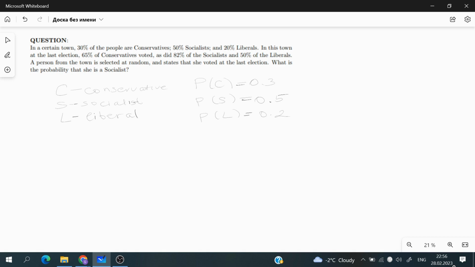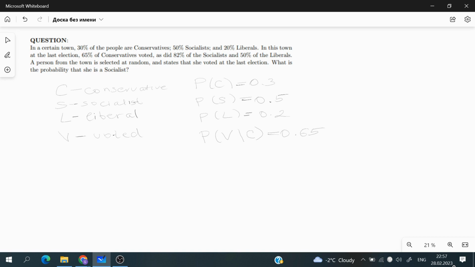And now, how can we use the second information we are given, that 65% of conservatives voted? First of all, let's denote V as person who voted. Alright? So how can we convert this information to probability? It means 65% of conservatives voted means the probability that the person voted given that he or she is conservative, which is 65% or 0.65.